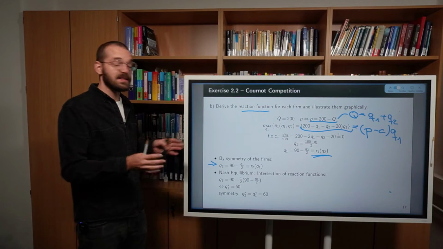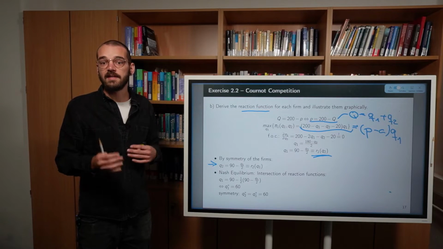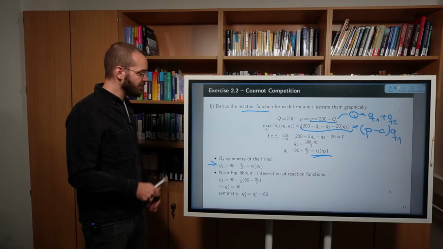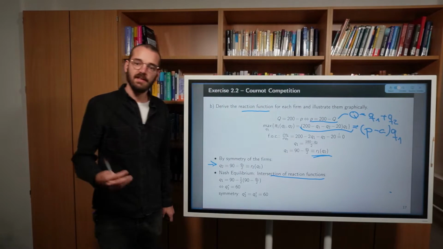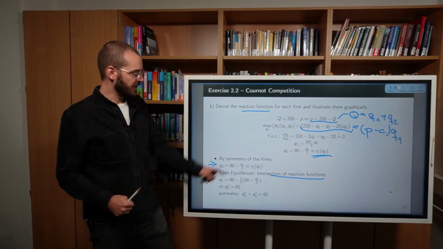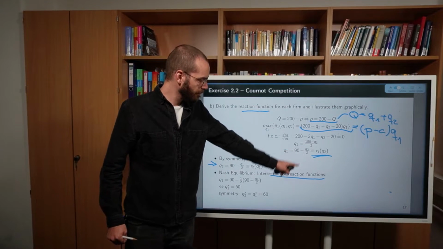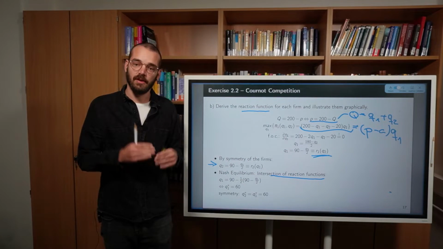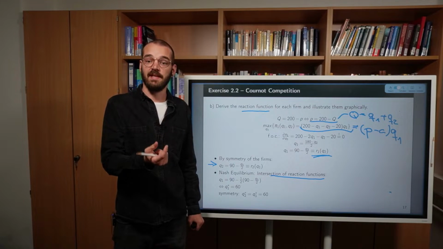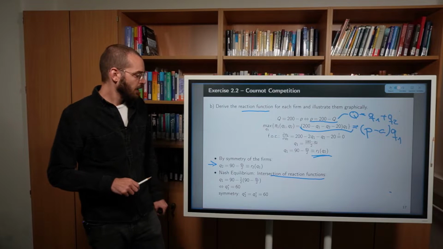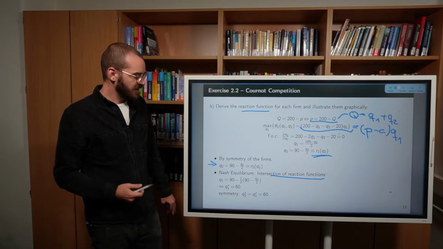That, mathematically speaking or analytically speaking, means we are looking for the intersection of the reaction functions. Because in this one single intersection, it is true that both firms are choosing their profit maximizing quantity at the same time. All right, how do we find the intersection of two functions?